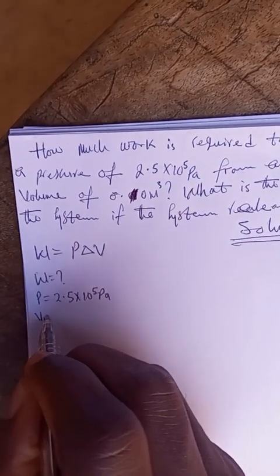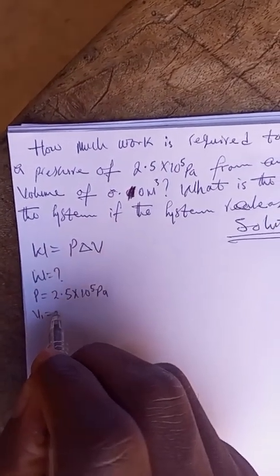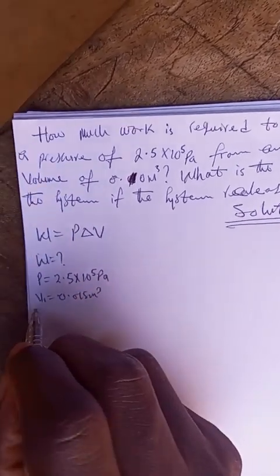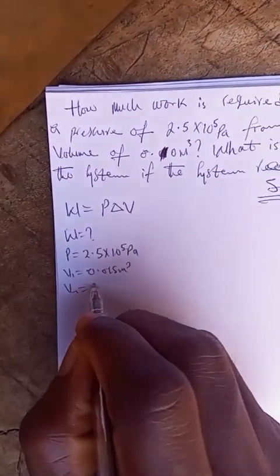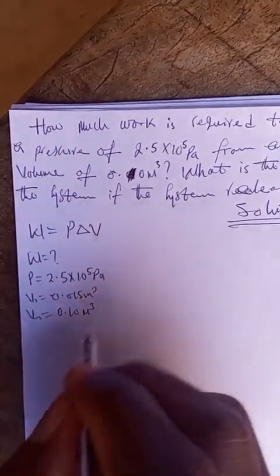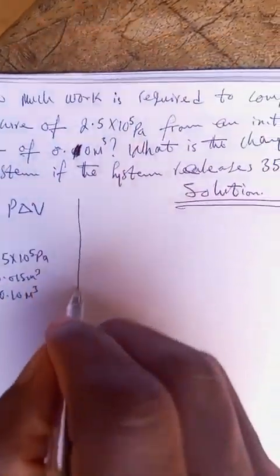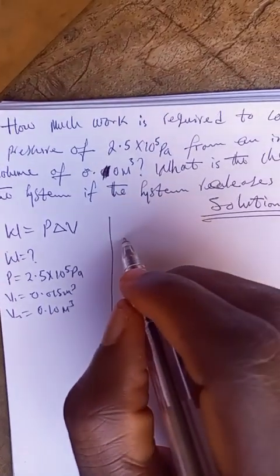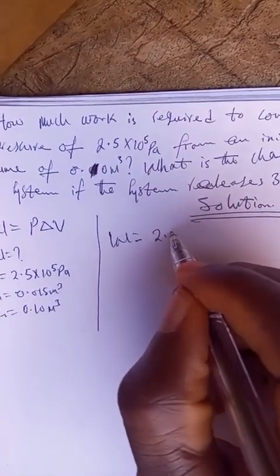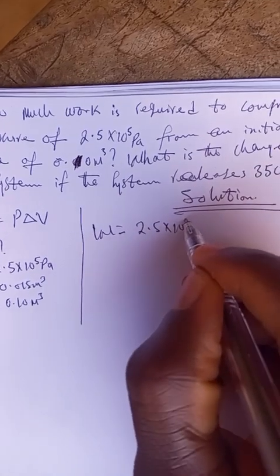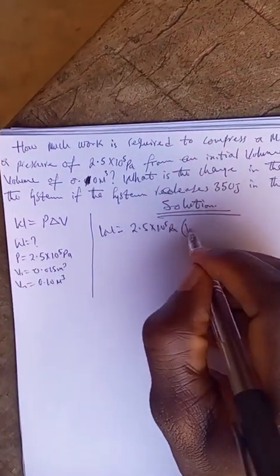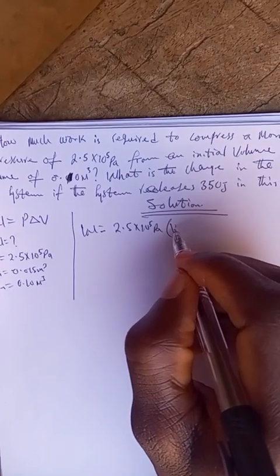V1, the initial volume, is 0.015 cubic meter, and the final volume V2 is 0.10 cubic meter. From there, you can apply this into the formula by saying W is equal to 2.5 × 10^5 Pascal into bracket V2 minus V1. That is the meaning of change in volume there.